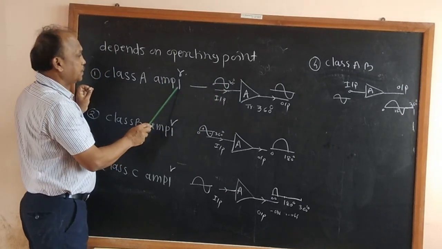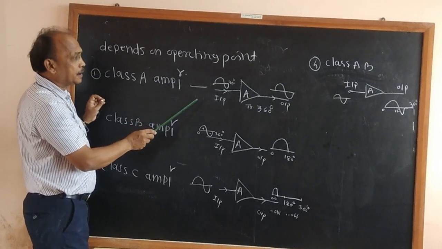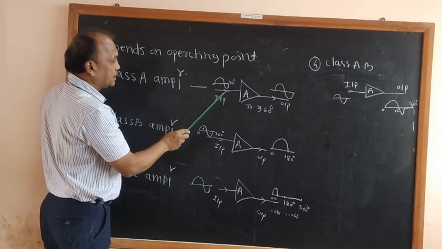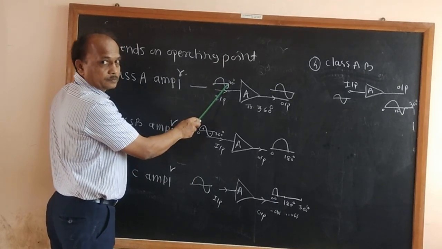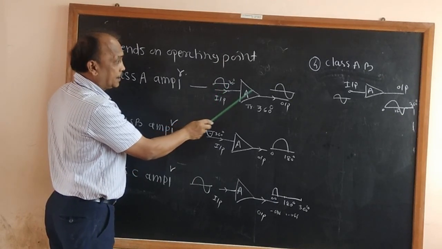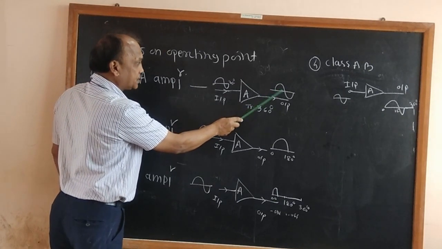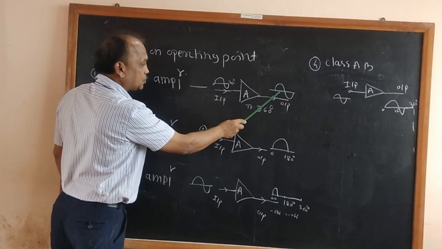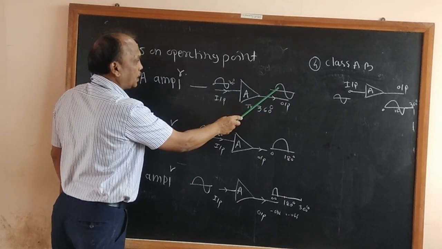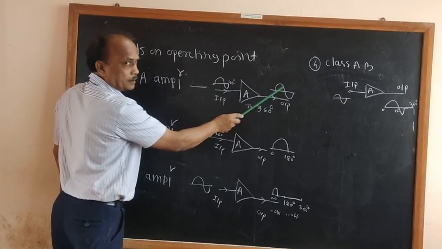The definition of a class A amplifier is that it is an amplifier in which the transistor conducts for 0 to 360 degrees. Therefore, at the output we have an output signal of 0 to 360 degrees, which contains the positive half cycle as well as the negative half cycle.